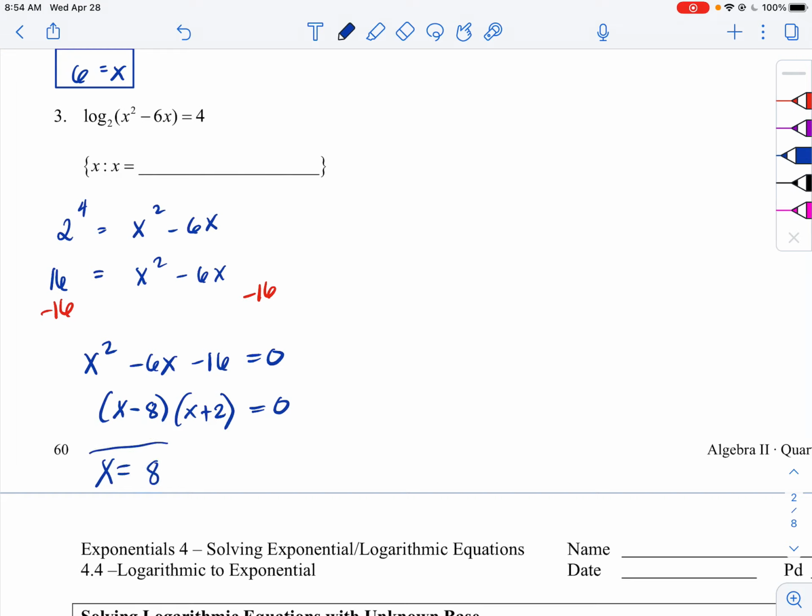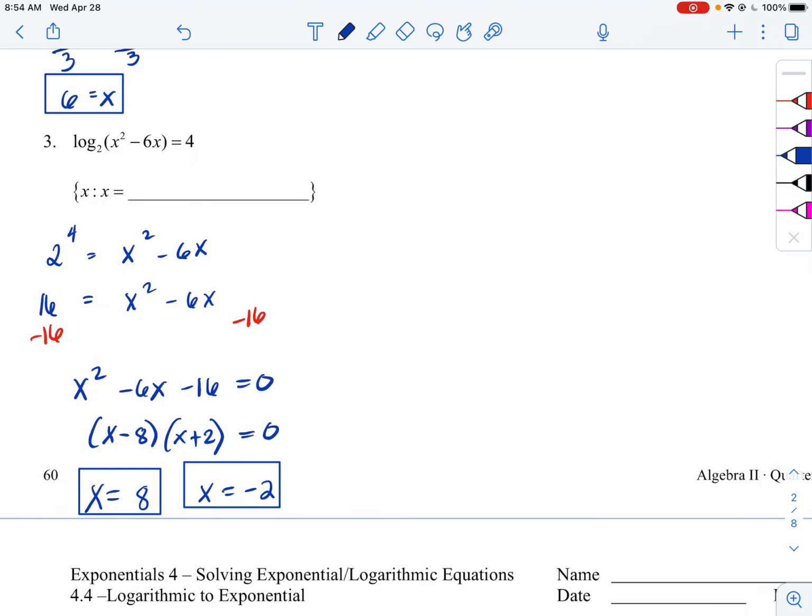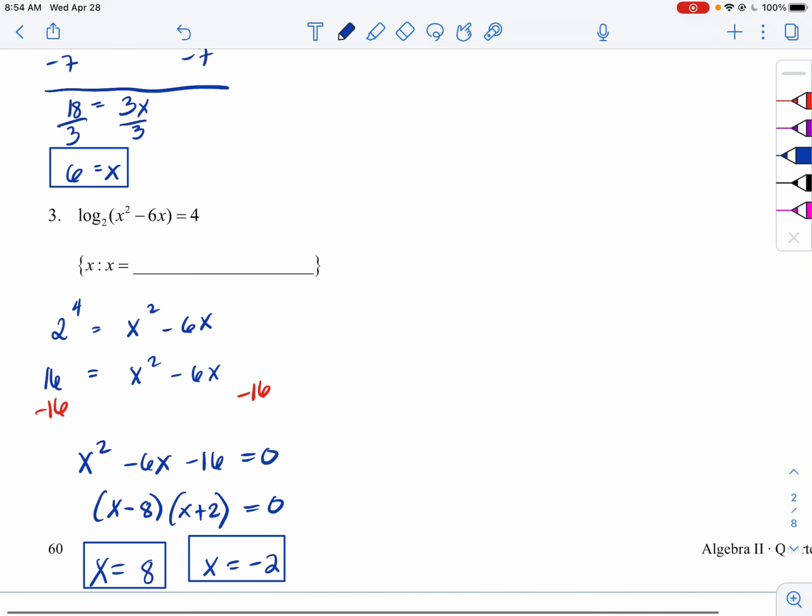So we have our two values, x equals 8 and x equals negative 2. But we need to make sure that if I plug in a positive 8, it's not a negative number, and if I plug in a negative 2, it's not a negative number.